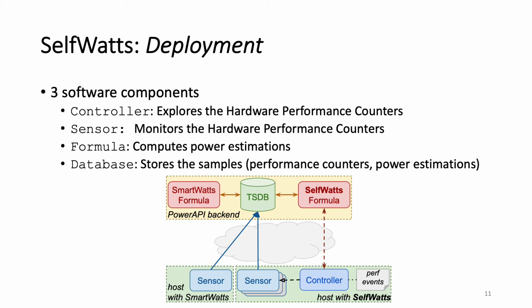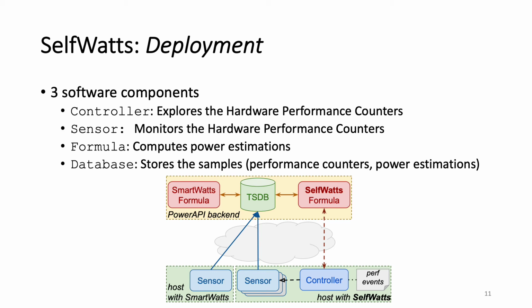SelfWatts is based on 3 software components: the controller, which monitors the hardware performance counter on every node, the power meter, which computes the power estimation for every running container and handles the event exploration, and the database, which will store the samples of the performance counter as well as the power estimations.